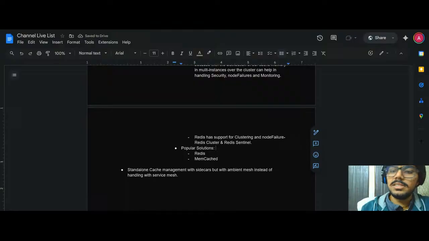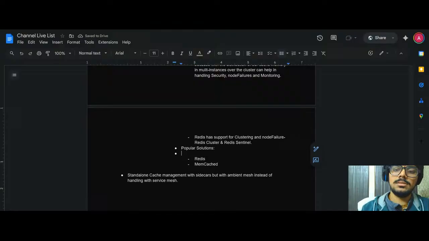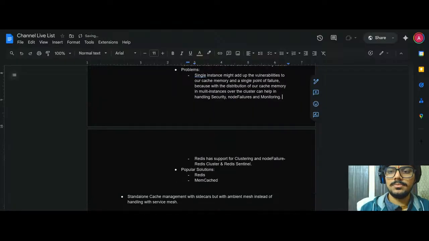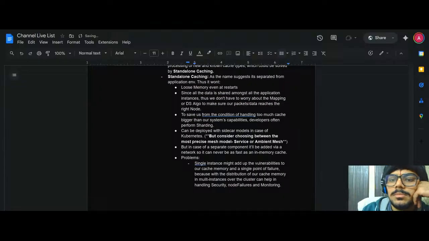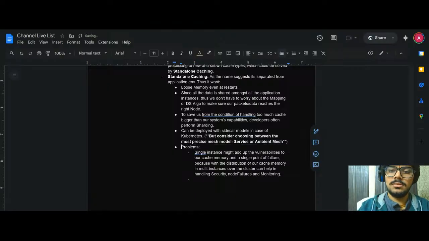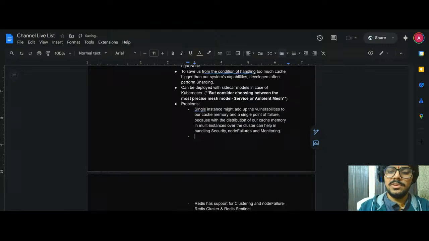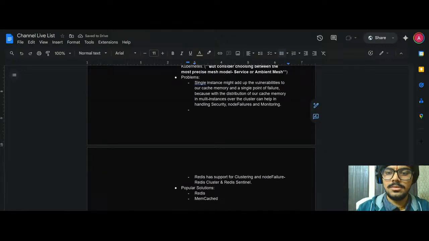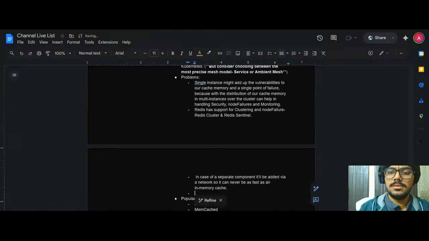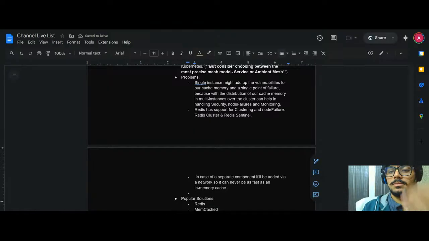You need to mention it over here, and below them, popular solutions. I think we should mention it over here as well. Components in case of separate components. Yeah. Remove it. Get over here.